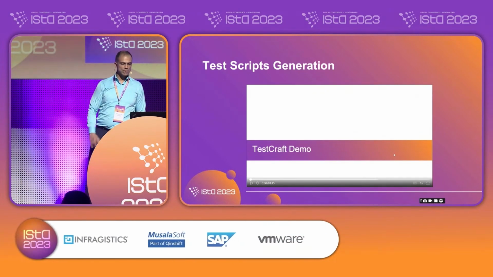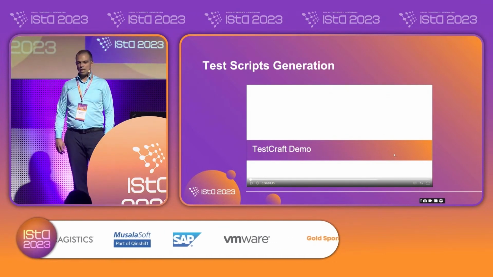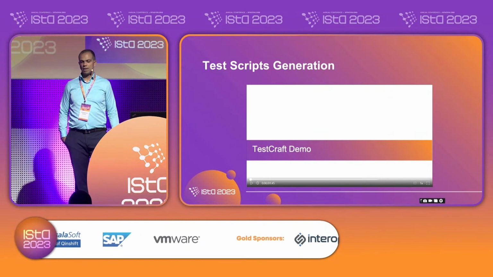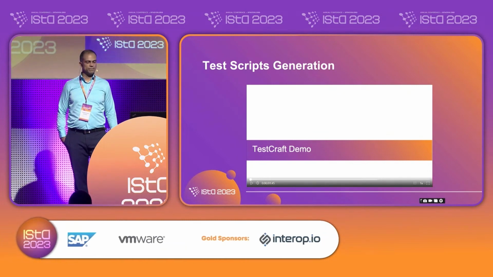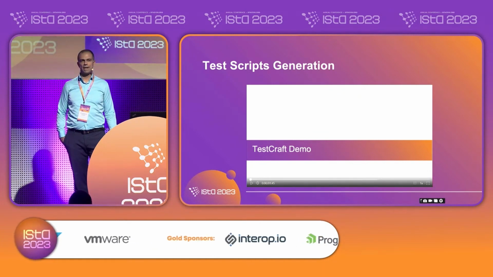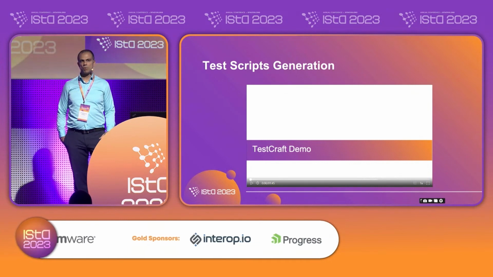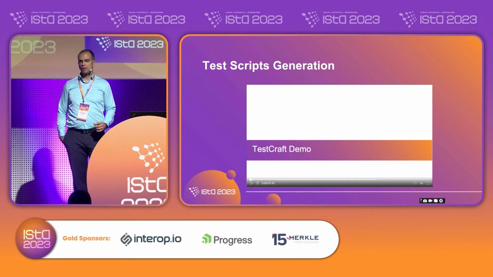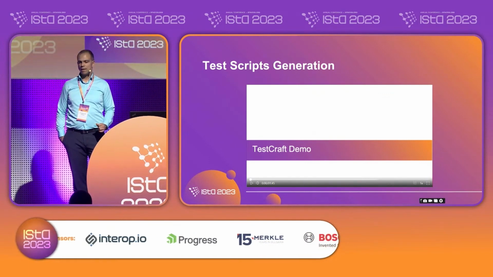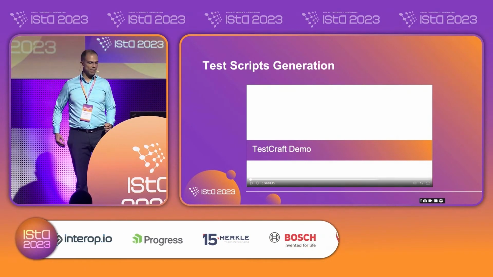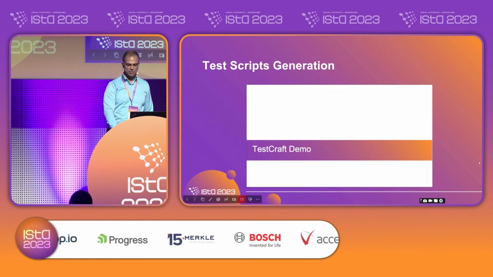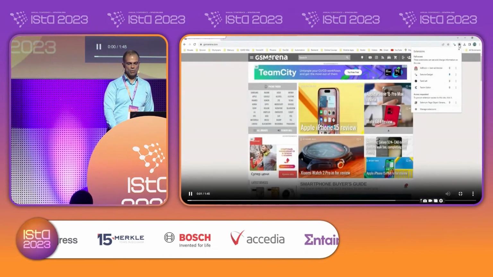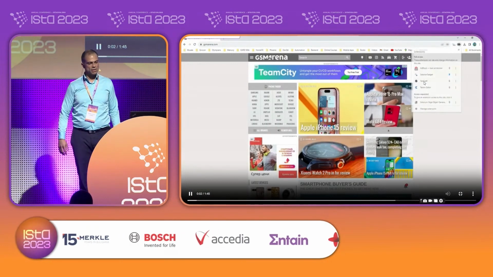So let's take a look. Here we use the TestCraft demo. Actually, this tool that I will show you, it is going deeper and proposing test cases by component. It's not proposing you a total solution end-to-end one, but after that you can automate the test suggestions that it gives. So as you can see, it's a Chrome extension.